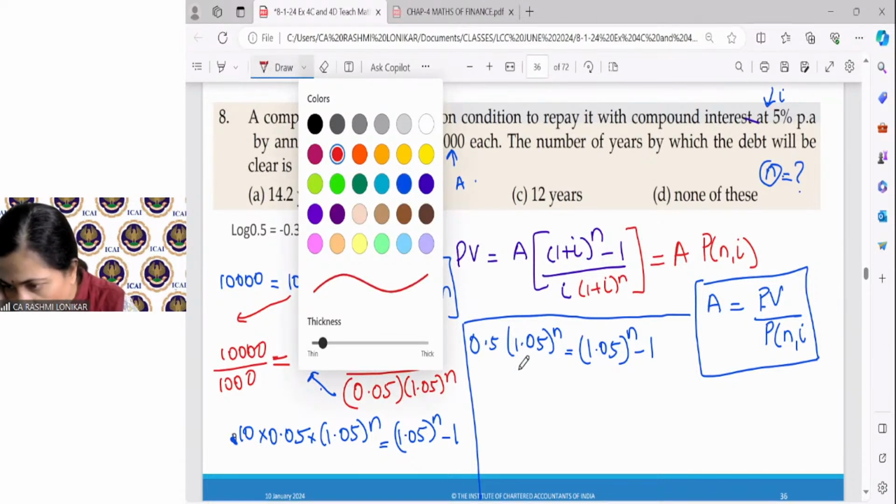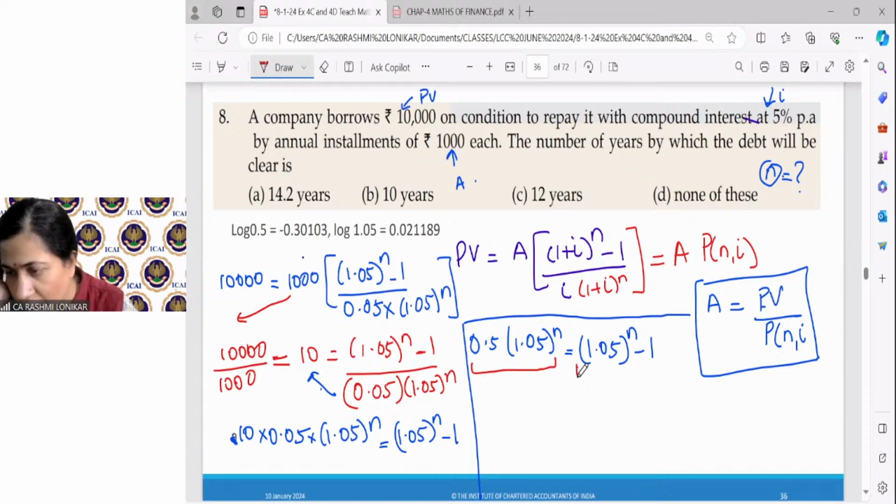This is also 1.05 raised to n. So what I'm going to do is take this to this side, and I'm going to take the minus 1 to this side. When minus 1 crosses the line, it will become plus 1. And when 0.5 crosses the line, it will become minus.